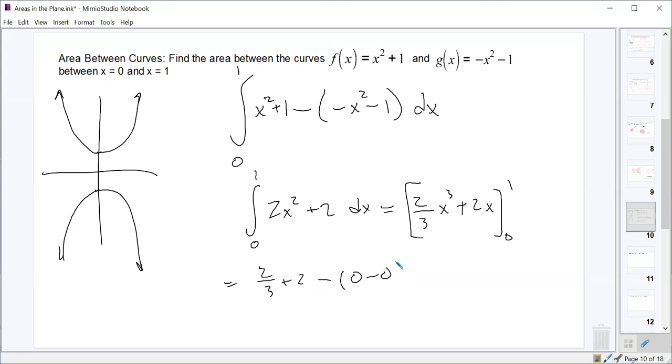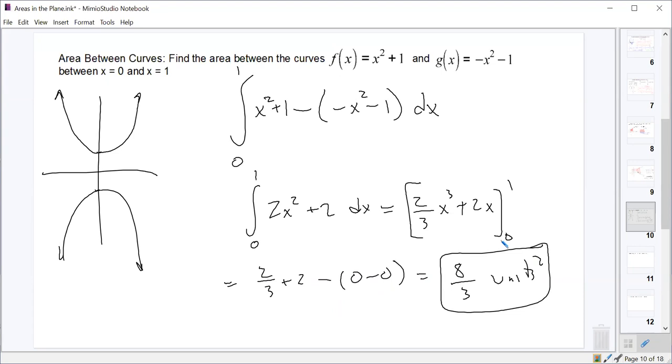I don't know why I put a minus 2x there. So 2/3 plus 2 minus the 0 minus 0. And that gives us what? 8/3 units squared. Good or no? Good.